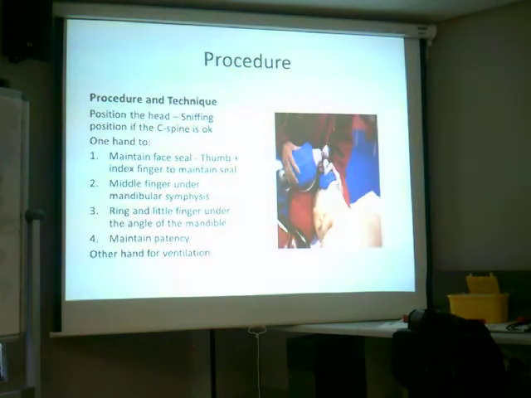You maintain the seal with the thumb and index finger, with the middle and ring finger under the angle of the mandible. This maintains the patency.